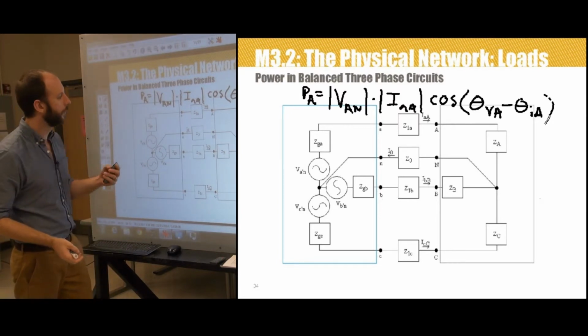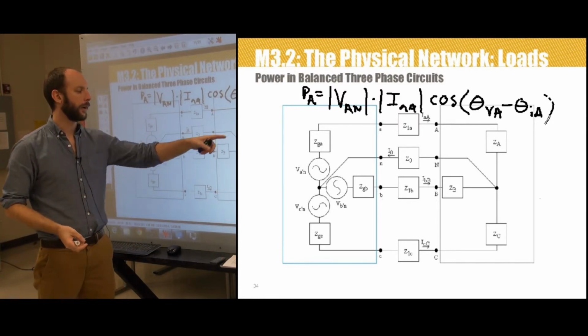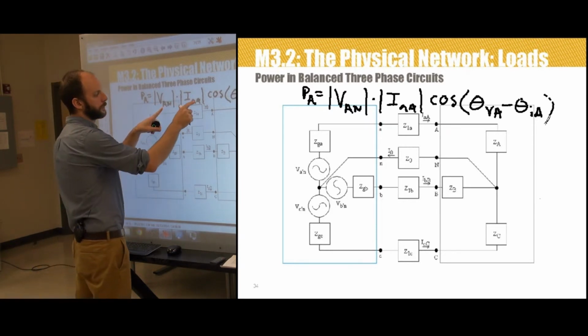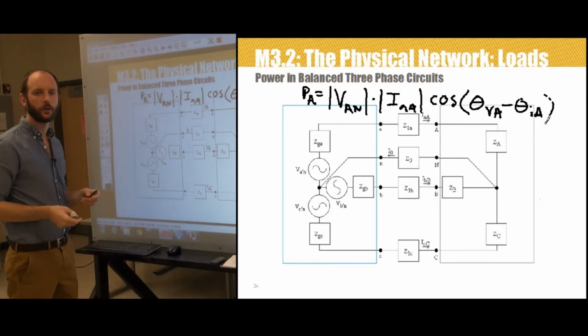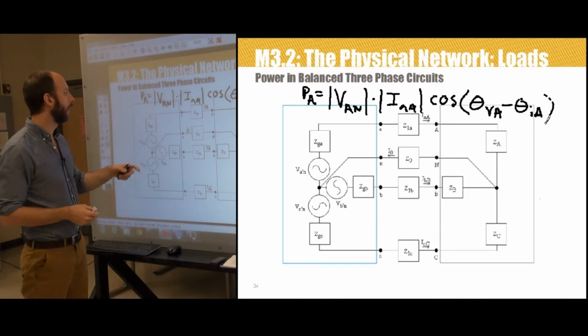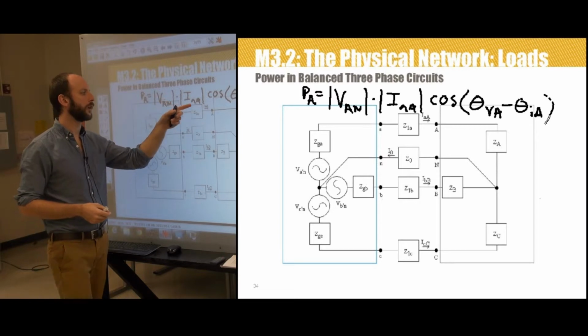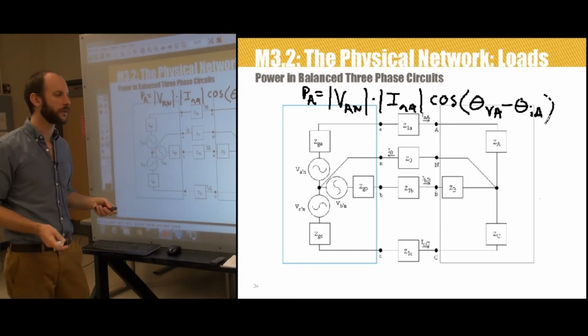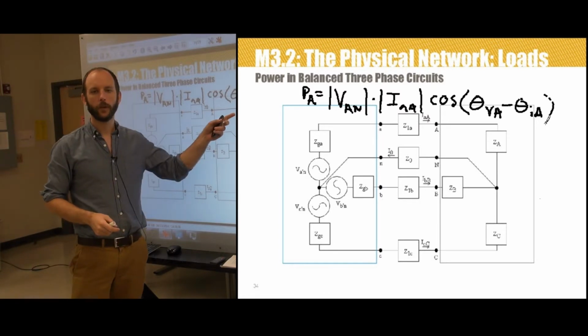We could have found reactive or apparent power by multiplying VAN times IAA star. To find average reactive power, it's VAN magnitude times IAA magnitude times the sine. These are just the same equations that we've already developed for single-phase circuits.